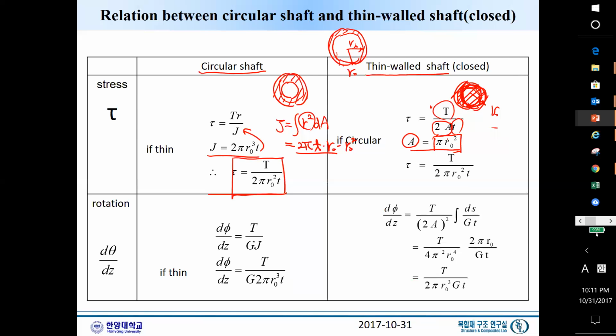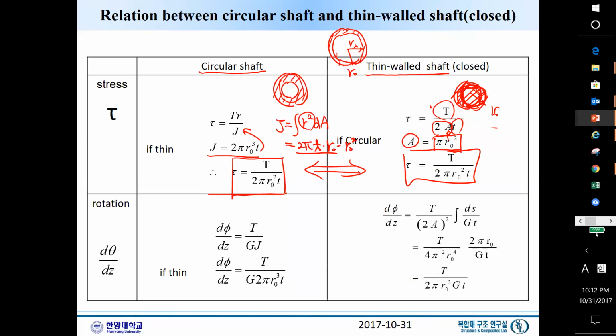We put this in here, and we got this result. Compare this. The derivation looks totally different, but the result is exactly the same.